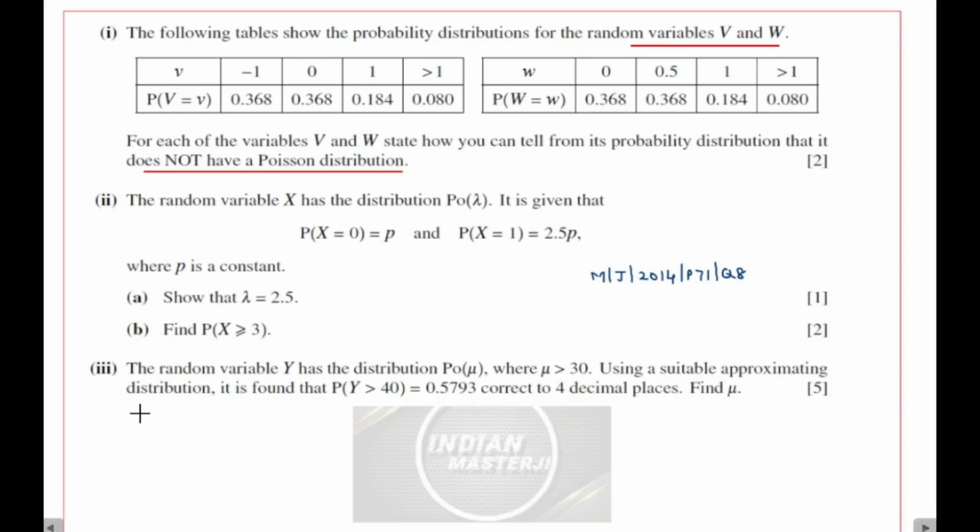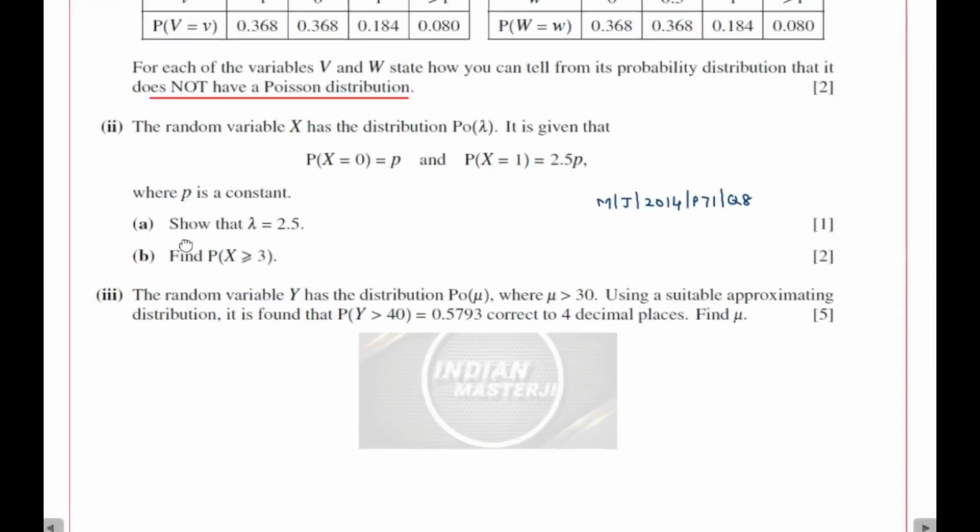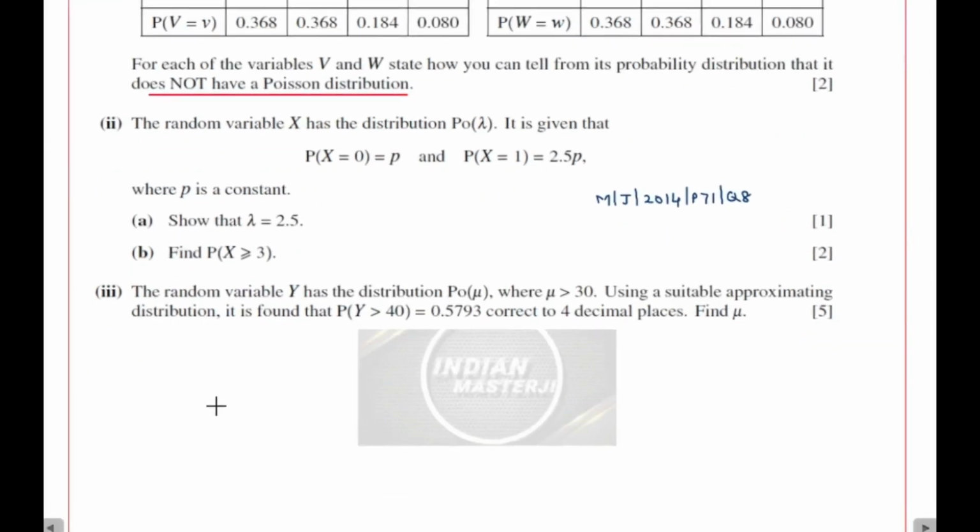So any random variable following a Poisson distribution cannot take values which are negative, or which are not integers. It can take only whole numbers, that is from 0 and positive integers.